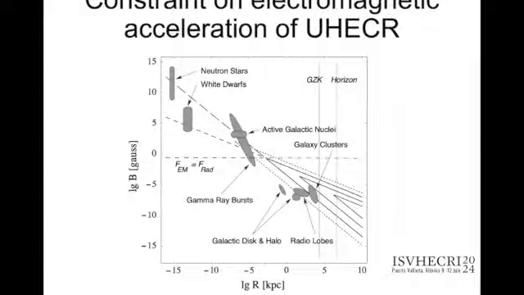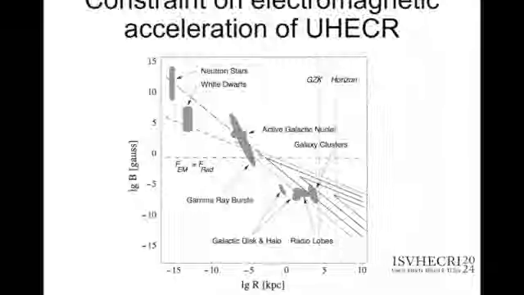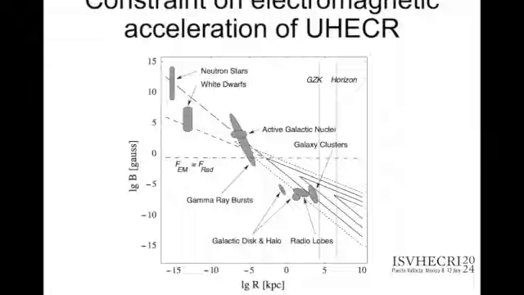We also know that there are some constraints on the acceleration of these particles, just from the physics of electromagnetic processes. There's also the GZK horizon that may, if it is fully applicable, slow these particles or make them interact with the cosmic background, like the CMB, cosmic microwave background, and so on.